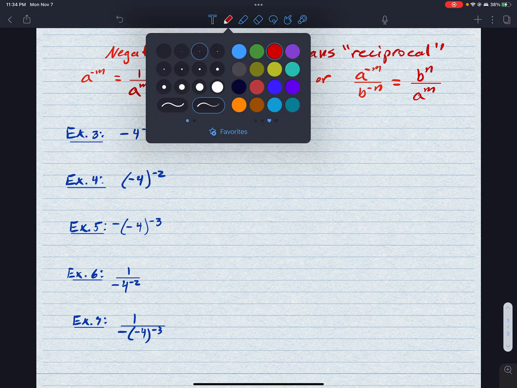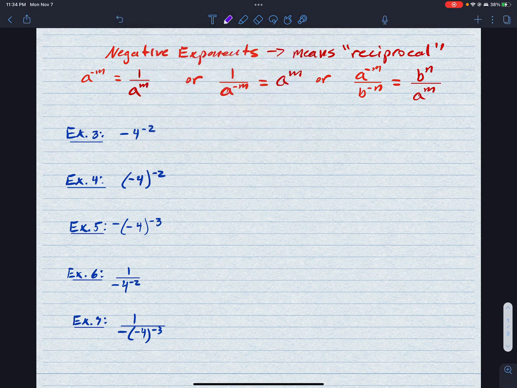So in this first example, notice very clearly that the negative in front is not in parentheses with the 4. Unlike example 4 here, where the negative is in parentheses, and so the negative is having the exponent applied to it. In number 3, that negative in front does not get the exponent negative 2.